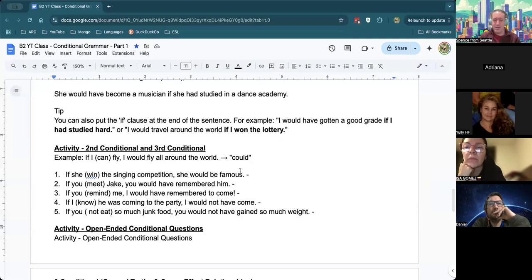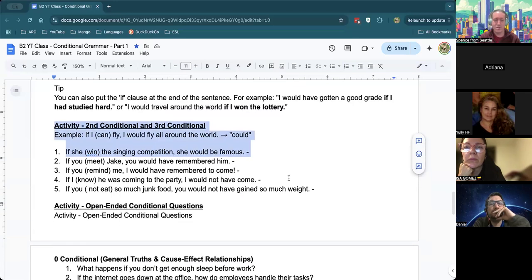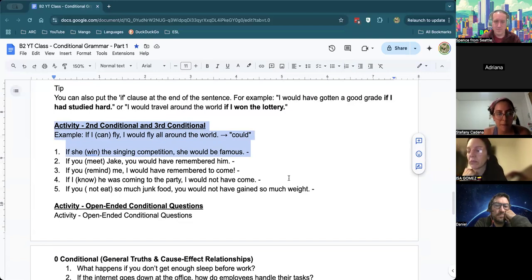Stephanie, if you want to read the instructions and then do the first example for us. Activity, second conditional and third conditional. Example, if I can fly, I will fly all around the world. Good.